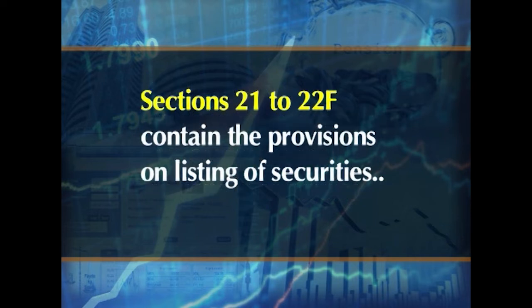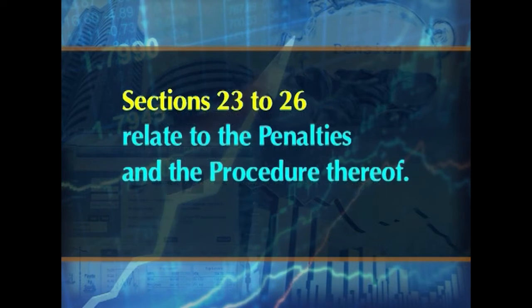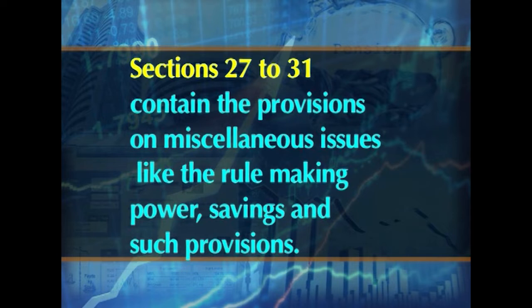Sections 21 to 22F contain the provisions on listing of securities and the appeal to the Securities Appellate Tribunal and the further appeal thereon to the Supreme Court. Sections 23 to 26 relate to the penalties and the procedure thereof. Sections 27 to 31 contain the provisions on miscellaneous issues like the rule making power, savings, and such provisions.